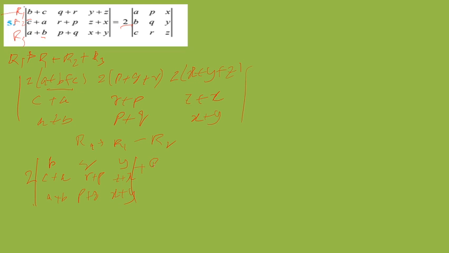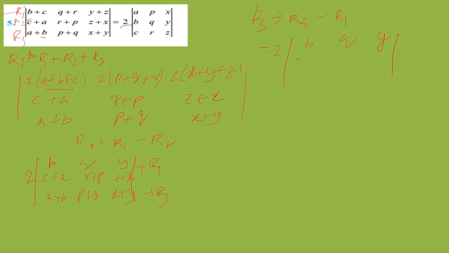See here the row 1 and row 3. Now we got a small link here to do: R3 tends to R3 minus R1. So you will be getting 2 outside. B, Q and Y is as it is.